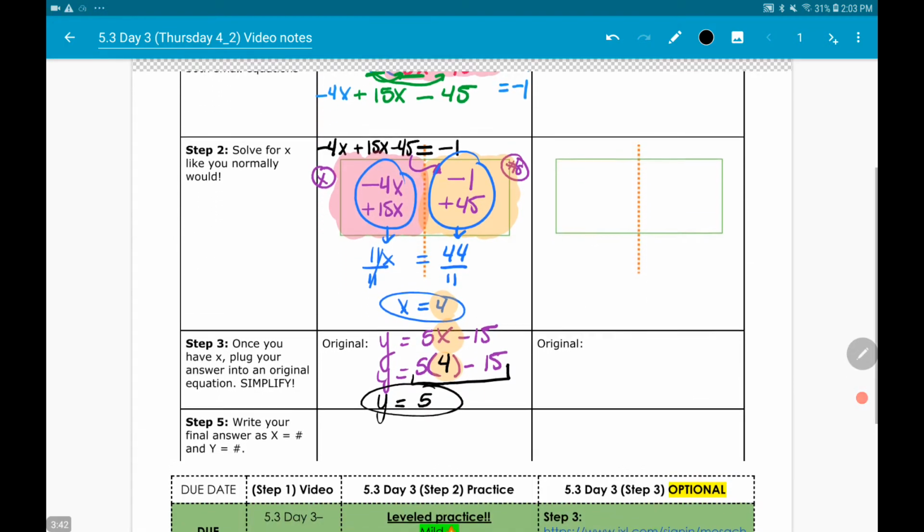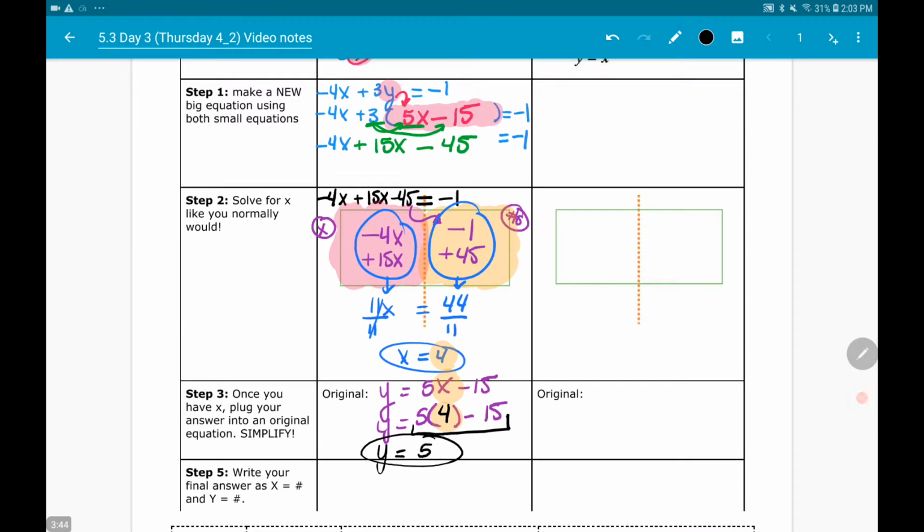So now that I have my x and my y, I'm going to go ahead and just write my solution. I'm going to write it as a coordinate. Remember, x comes first, then y.